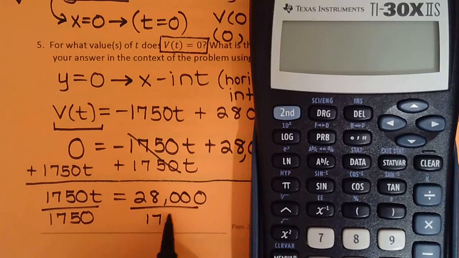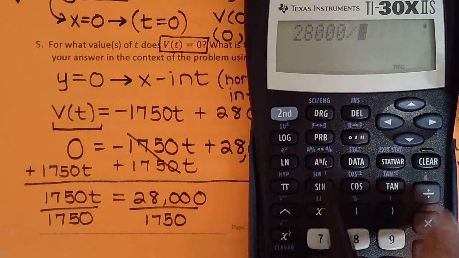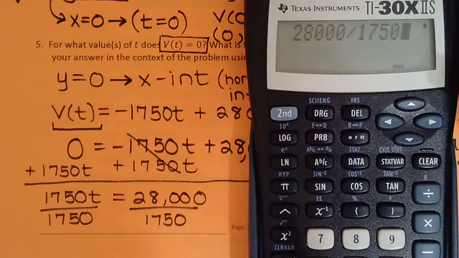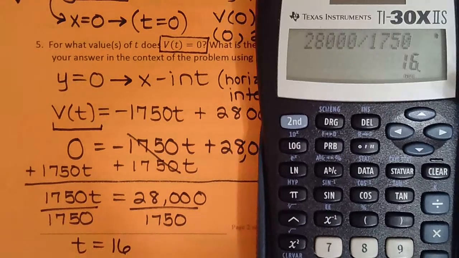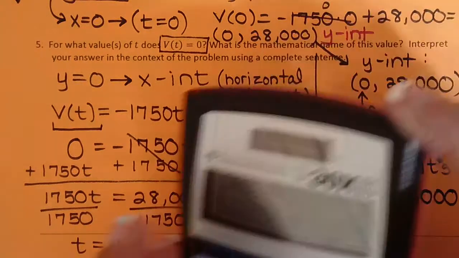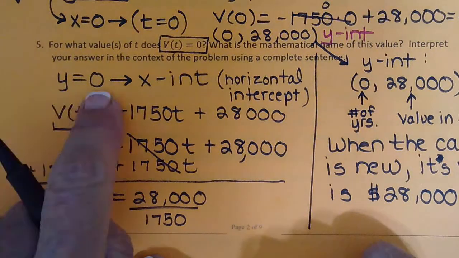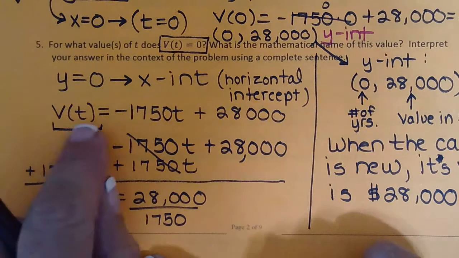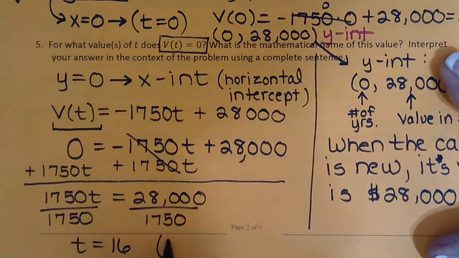So we get 28,000 divided by 1750, which is 16. And remember, this is an x-intercept. That means the answer should be written as a point. So here's my x, here's my y. And we know this is x again, remember, because it's what's in parentheses. That's always my x. So the x-intercept would be (16, 0).